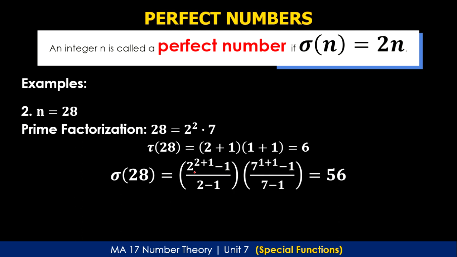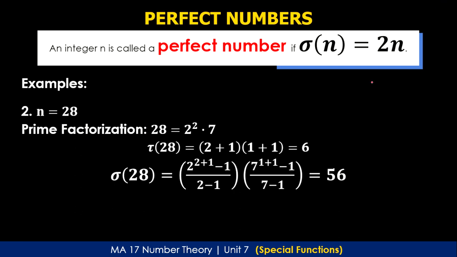So we have 2 raised to 2 plus 1 minus 1 divided by 2 minus 1, times the quantity of another prime factor, which is 7 raised to 1 plus 1 minus 1 divided by 7 minus 1. If we solve that, we have 56.